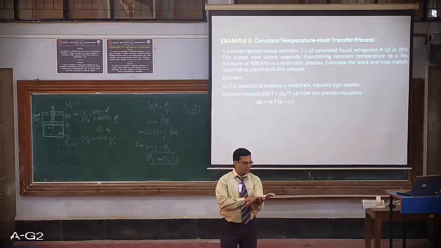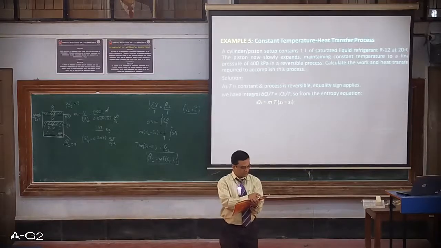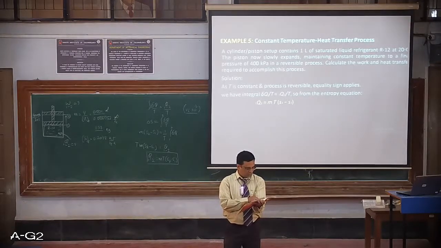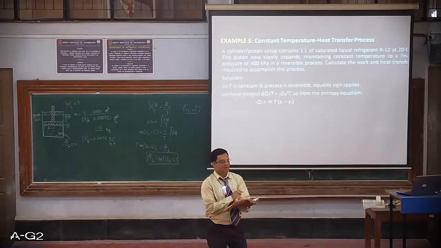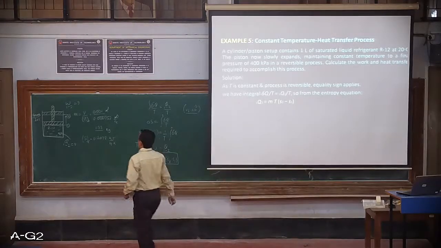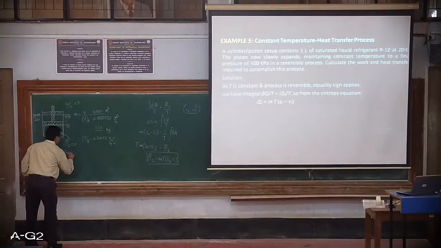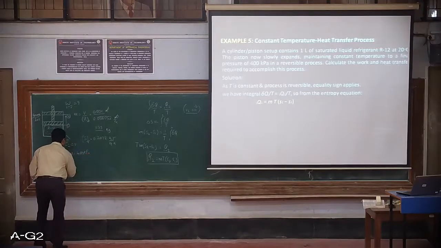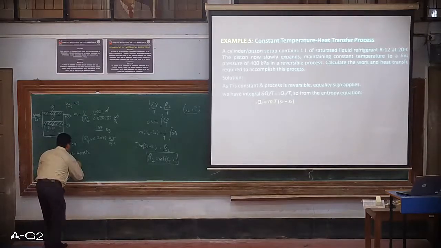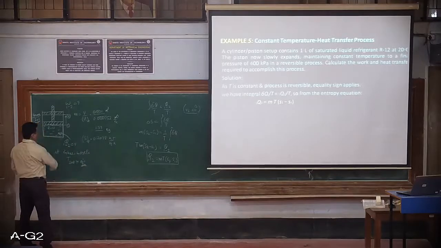For 4 bar, on page number 34, in the second column, the pressure value I am referring to, the corresponding temperature is 9 degrees Celsius. So I'll mention that at 4 bar, which is equal to 400 kilopascal, the saturation temperature is nearly equal to 9 degrees Celsius, but it exists at 20 degrees Celsius.